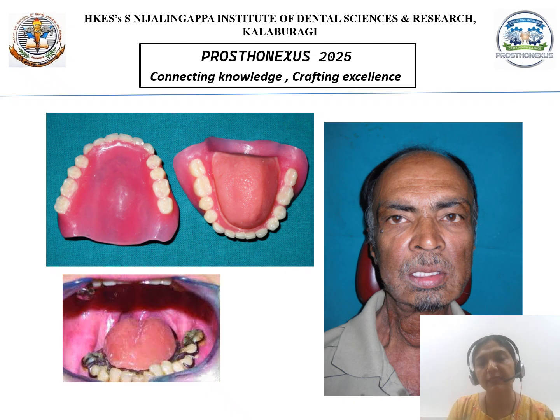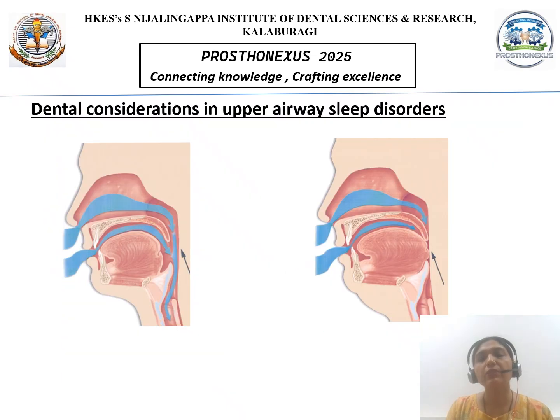Then we have something known as obstructive sleep apnea, which is very commonly seen in hypertensive and obese patients, wherein there is a lot of relaxation of the tongue muscles, because of which the space over here, you can see here the air circulation is good, but here it is obstructed.